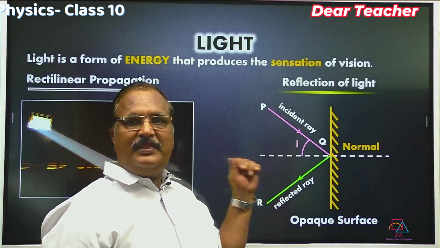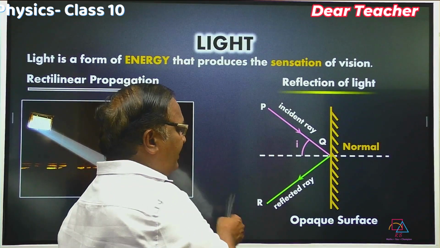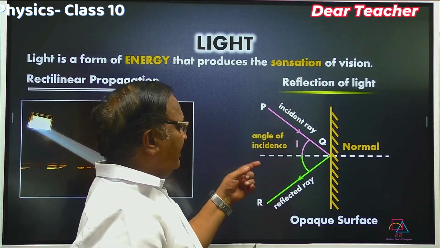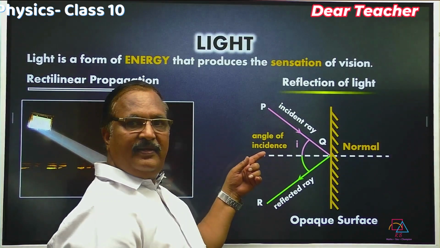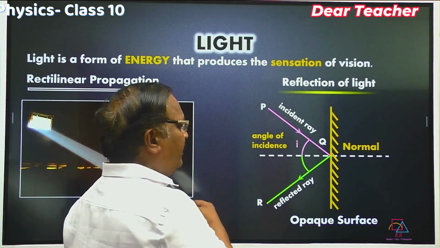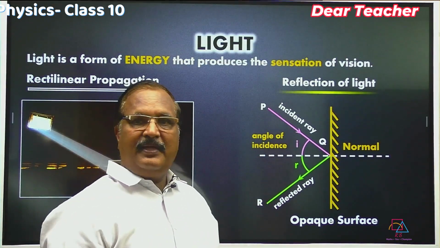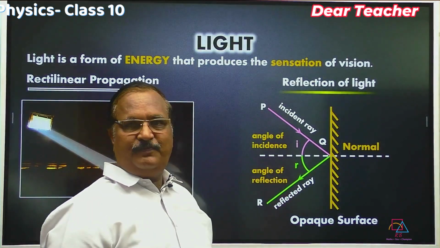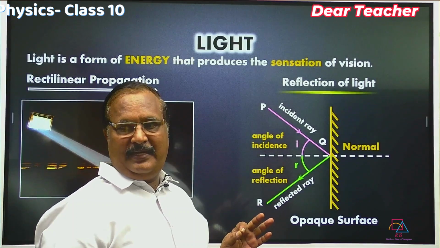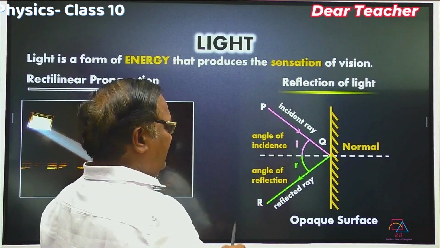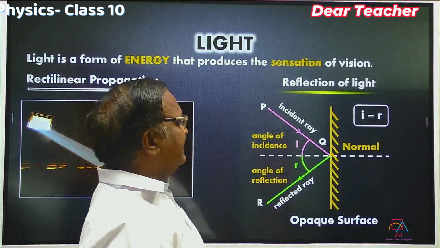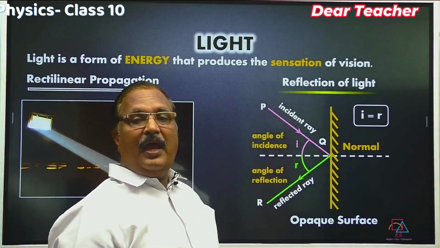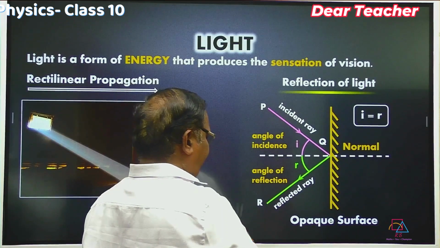We will denote it with I. Again, the angle between the reflected ray and the normal, we call it the angle of reflection. This is called the angle of reflection. Please be clear. So now let us see, I is equal to R. Angle of incidence is equal to angle of reflection.